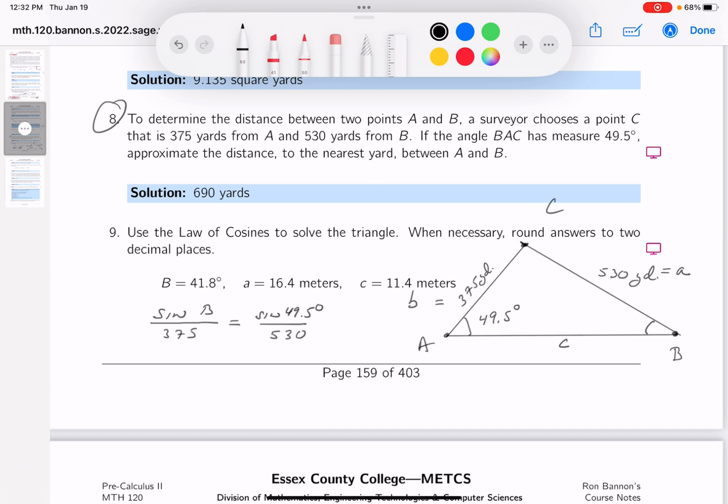I want to get B, and let me write this down for you. Sine of B is going to be 375 times sine 49.5 degrees over 530. So I think I know what B is. I'll write this over here. B is equal to the arc sine.